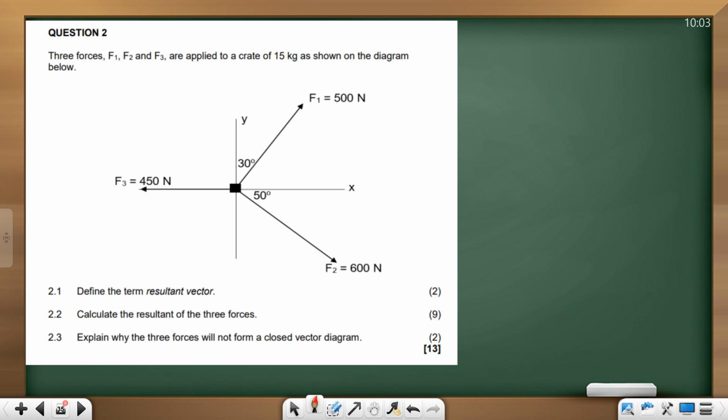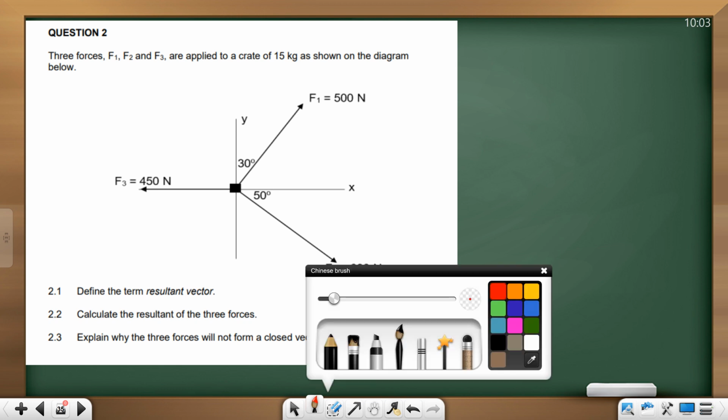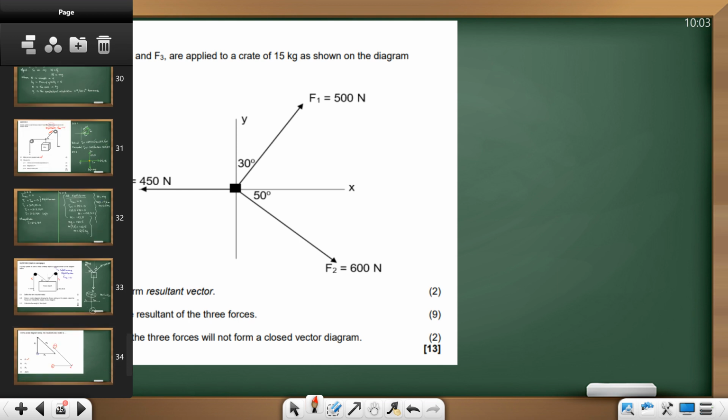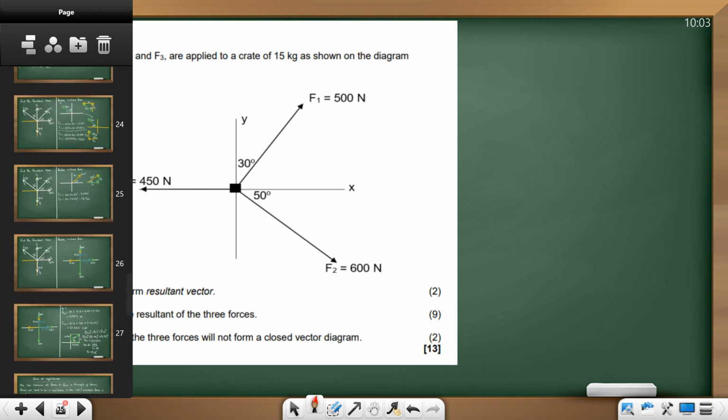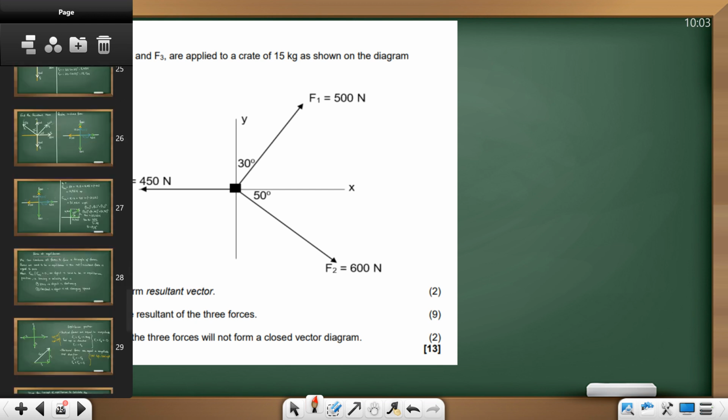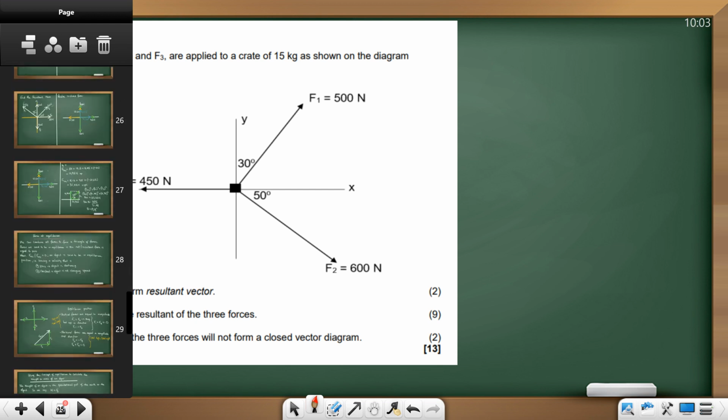When you say something is a closed vector diagram, it means the resultant force must be equal to 0. That's another language. A closed vector diagram, let me go write it there.